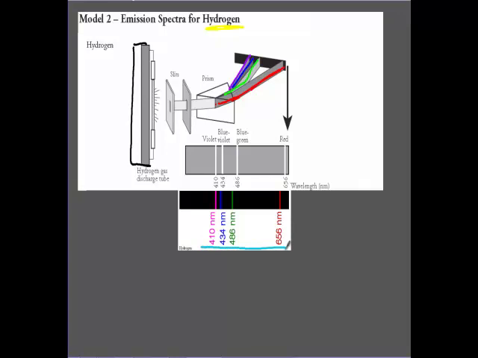Now, if we go back for a second, we think, okay, there's different colors and different wavelengths, and that means different amounts of energy associated with those. Remember, different wavelengths equals different energy. And all in here, all in the middle, is just blank. There's nothing in between these lines.